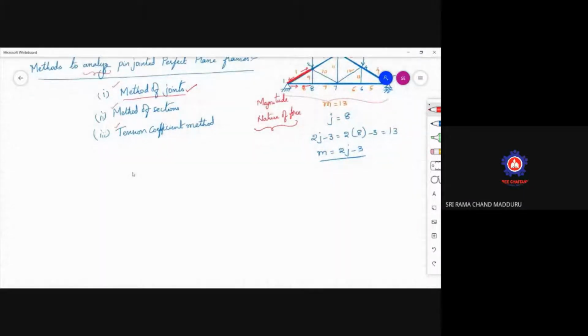So I will show you a diagram just to see. You might have seen a steel structure which is supporting our workshop. In your first year you might have seen a workshop or a shed having a structure like this.